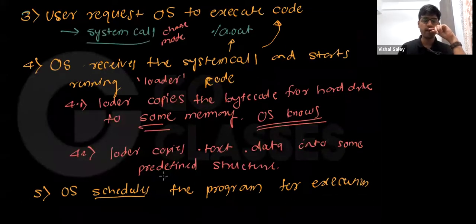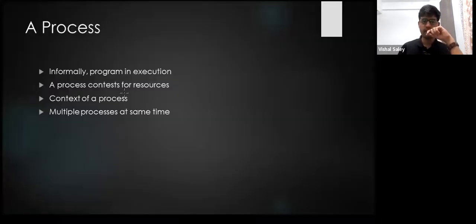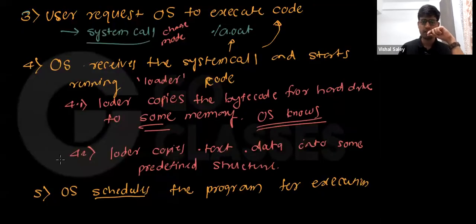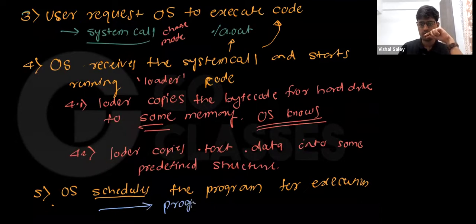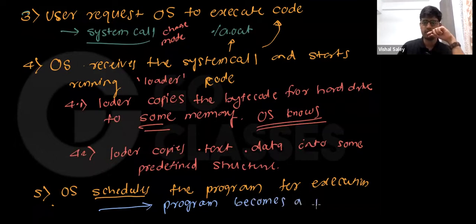So note that when it loads the program into the memory, it becomes a process. So now we will understand what a process means, right? So here, after this stage, maybe I should use a different color. At this particular stage, the program becomes a process.